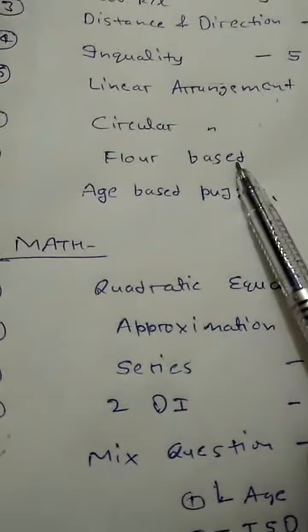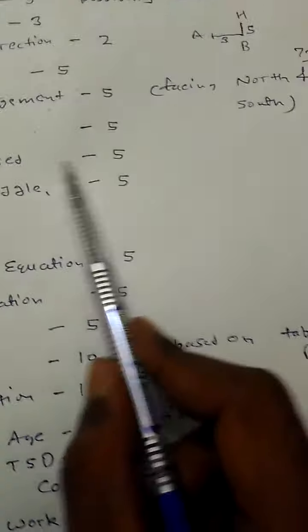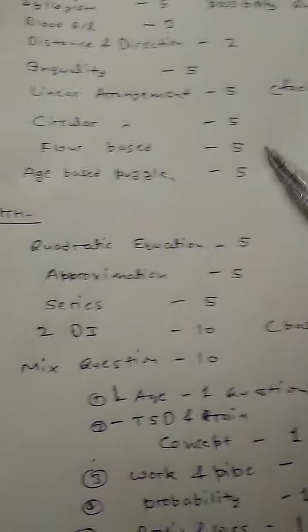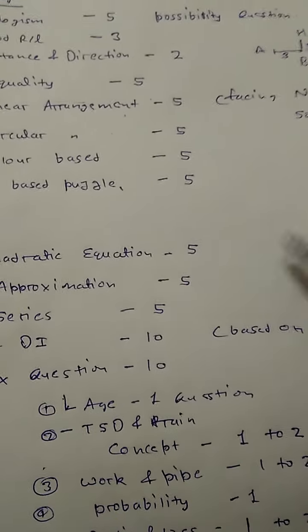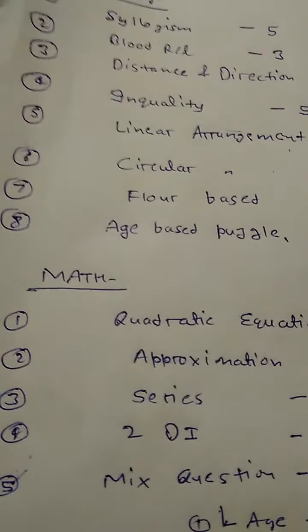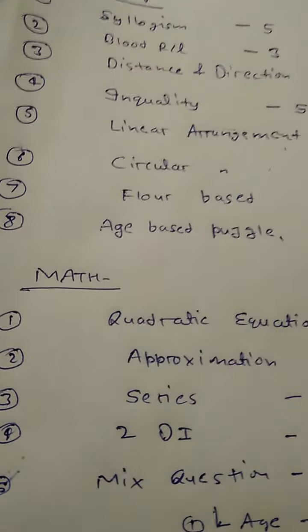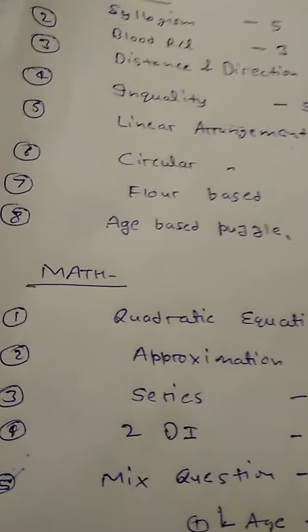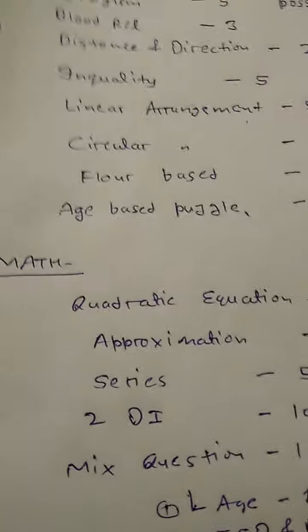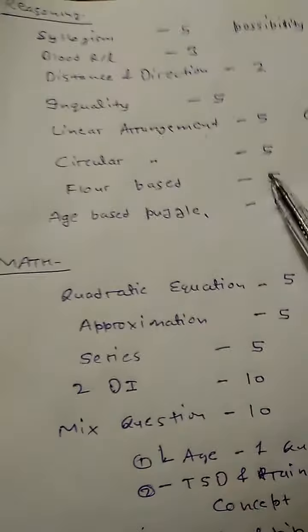The floor based question is a little bit moderate because first you arrange the floors A B C D E F G, and then the last statement says that the difference between the second and third floor is 3, so it is a little moderate.